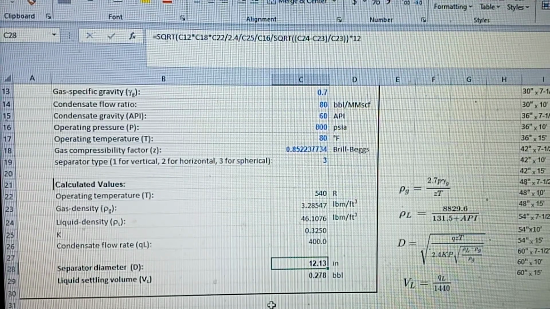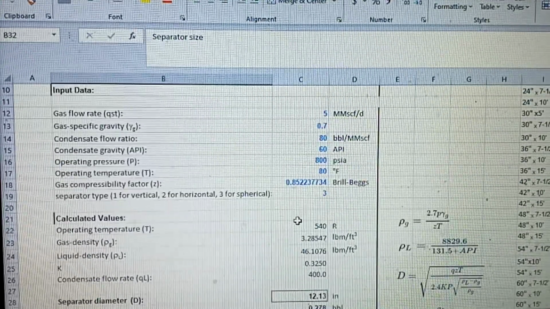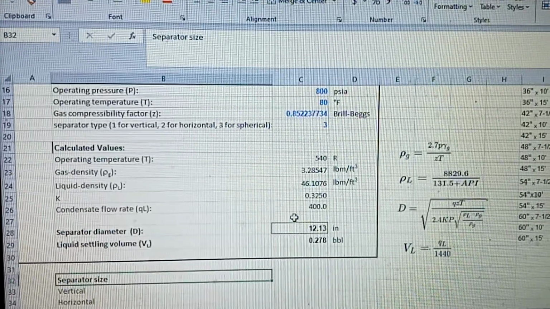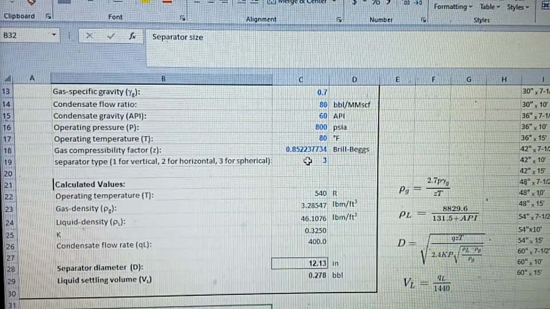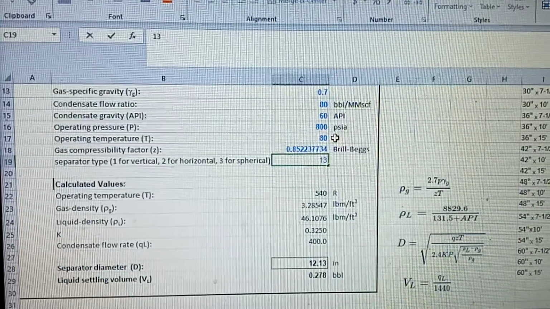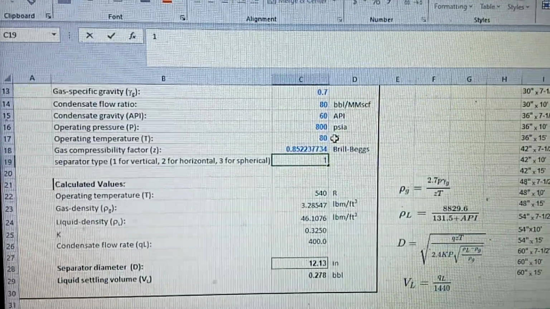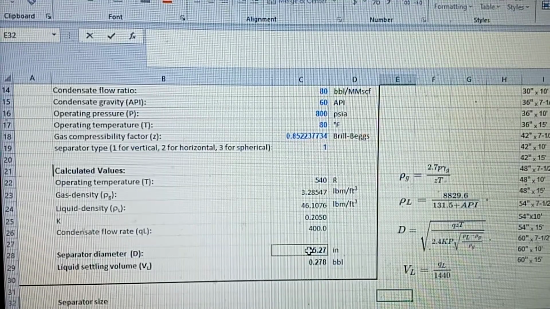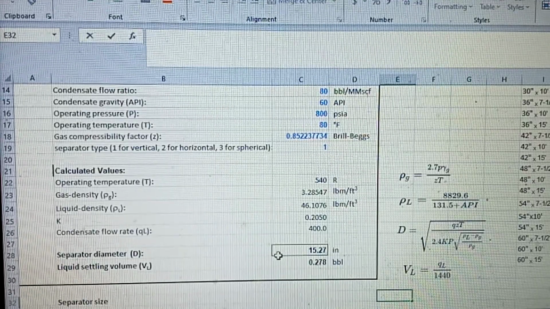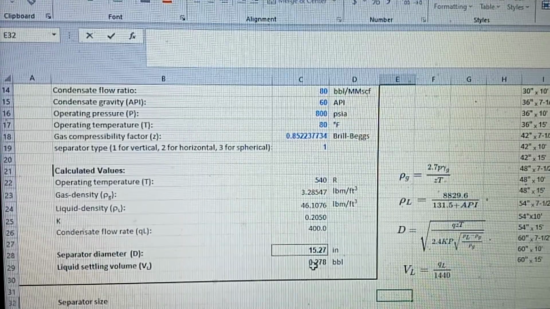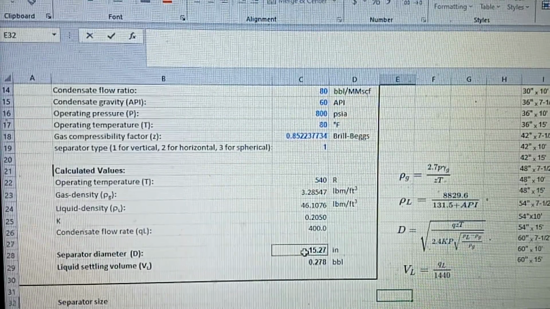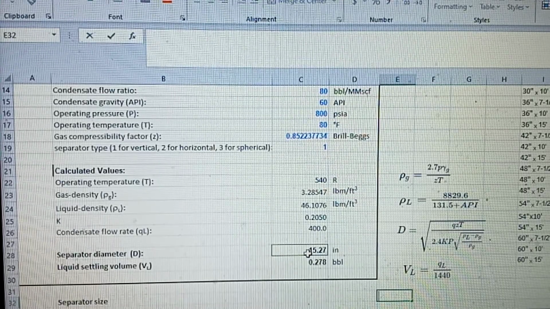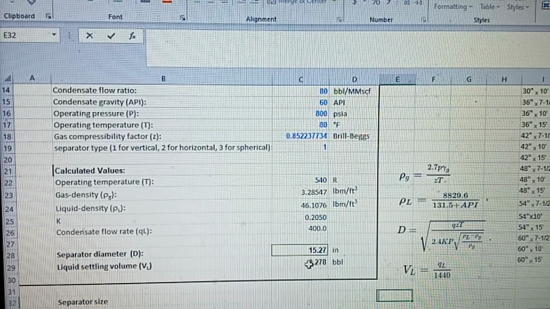Okay, let's analyze this now. Supposing I have this, I'm going to check the size for each case. Let's start with variable 1. The first answer, which is the diameter, gives you the minimum diameter of the separator you need. Both of them must be satisfied. Minimum diameter is 15 inches.